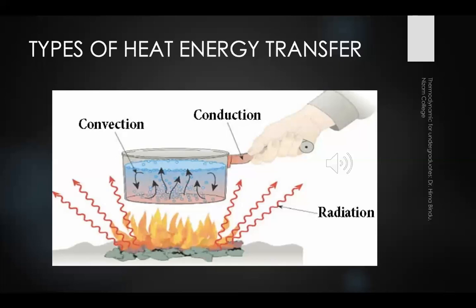And the vessel starts heating up because of the process of conduction, whereas the water inside it heats up through convection, where the molecules move up and down. So this simple experiment explains all three types of heat energy transfer.